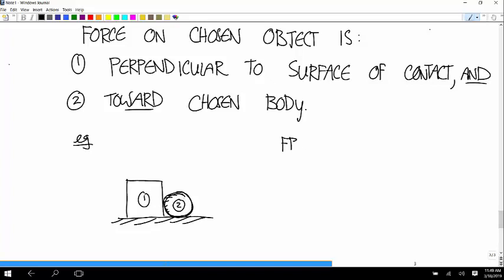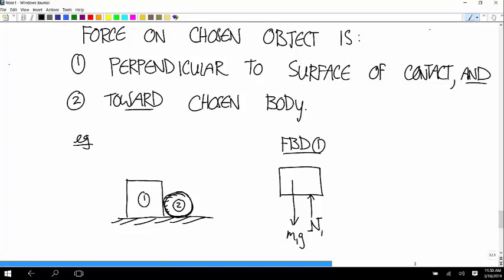Then a free body diagram of the box, body 1. There'd be the weight force. I'll say M1 is the mass of the box, so M1G going down, that's the weight force. And then there'd be a pushing force applied by the ground that's perpendicular to the ground toward the box. I'll call that N1, just a variable name, but the N stands for normal force.